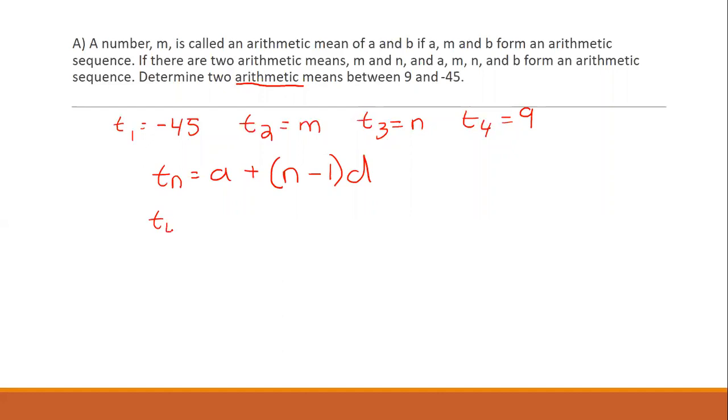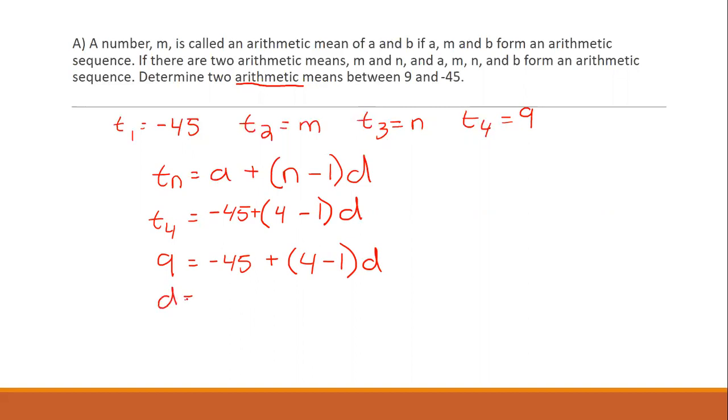So T4 is equal to a, which is -45, plus n, which is 4, minus 1, d. Right? And T4 is 9, so we have 9 equals -45 plus 4 minus 1, d. From there, once we solve, we should get d is equal to 18.